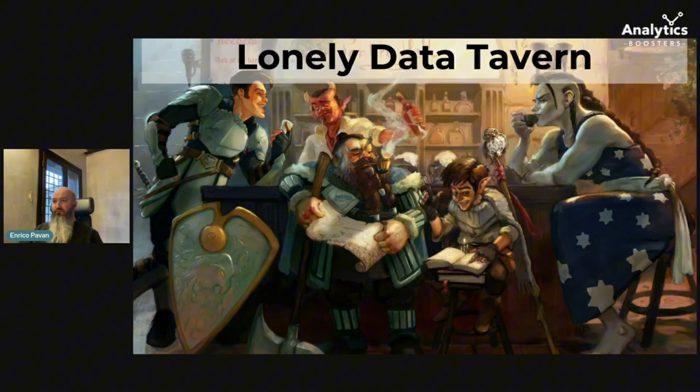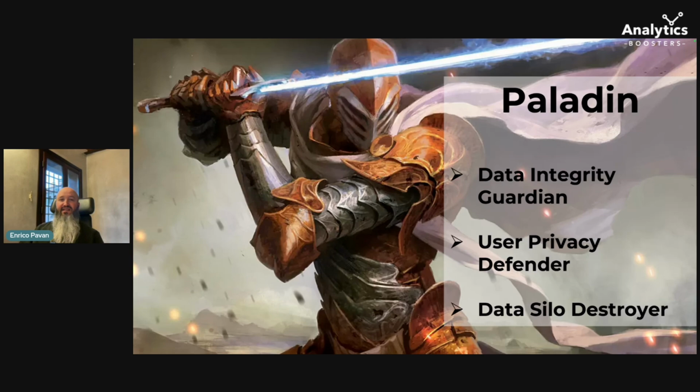But no panic at all, because at the Lonely Data Tavern, we got 4 heroes that are talking about how to defeat the Lord Data Errors in order to bring back all the data and collect the proper insight that we want to use for our data strategy. We got the Paladin, that is the Data Integrity Guardian, the User Privacy Defender, and the Data Silo Destroyer.